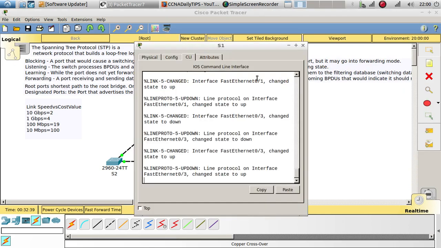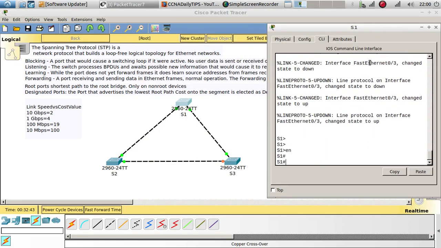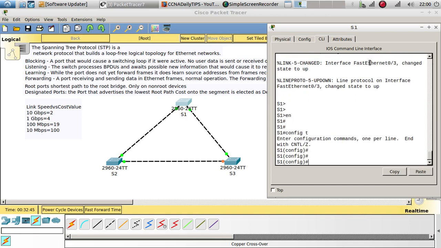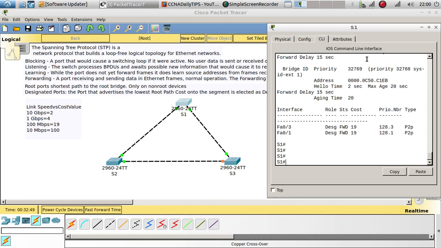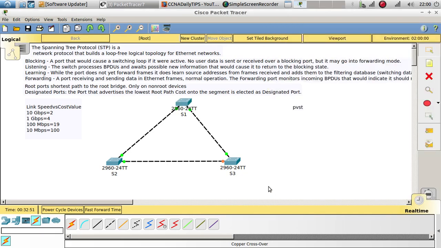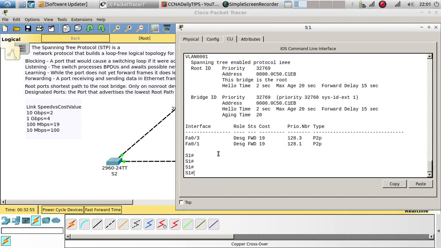And now let's take a look at the root bridge, and let's see what we can see right here. Enable, show spanning tree. Alright, and from the spanning tree, what you can notice first is that for VLAN 1 the spanning tree protocol is IEEE, which is per VLAN spanning tree.